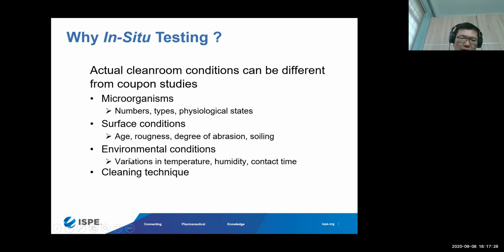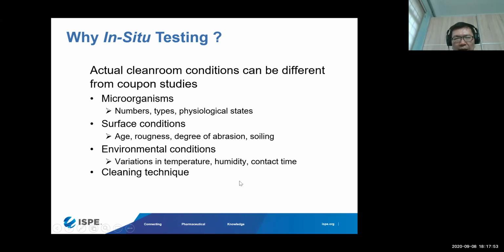There's also some slight variation in the environmental conditions in your clean room compared to your lab, and the cleaning technique as well. Having said that, if you have a passing result for your coupon studies, there's high confidence that it will work in your clean room.